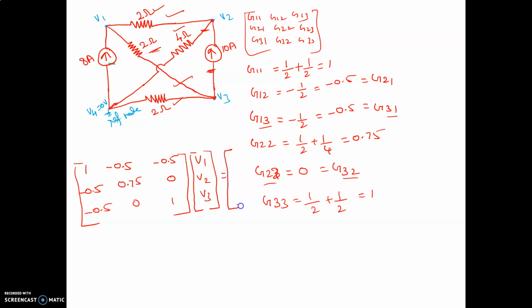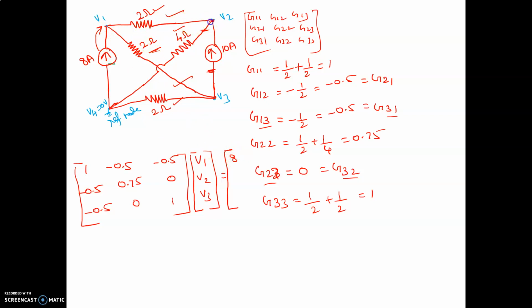Now the current sources with respect to the first node: the 8 ampere current is entering the node, so it can be taken as positive, plus 8 amperes.